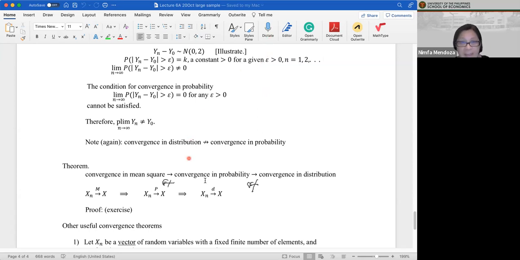This can be useful if you're asked to show convergence in probability. Sometimes it's easier to show convergence in mean square. If you can show convergence in mean square, then it follows that you have convergence in probability. And if you have convergence in probability, that means you have convergence in distribution.